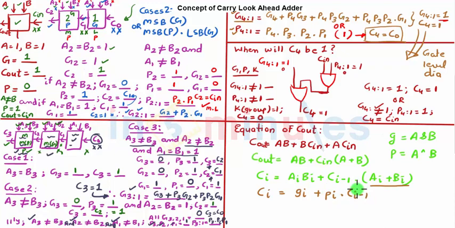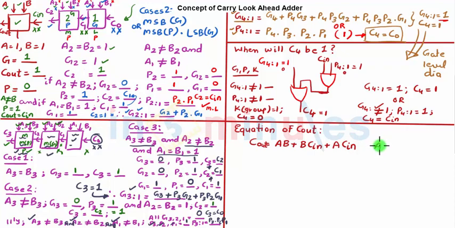Now a lot of people have their eyebrows raised because this is an OR gate and I have called it a propagate signal, whereas we know that the propagate signal is nothing but A XOR B. Let's understand what I have just done here in the equation. Let's write the truth table. What I just derived here was Ci is equal to Gi plus Pi Ci minus 1.